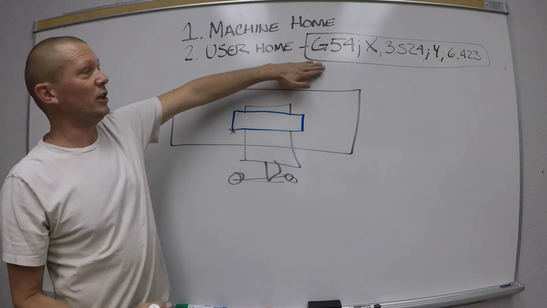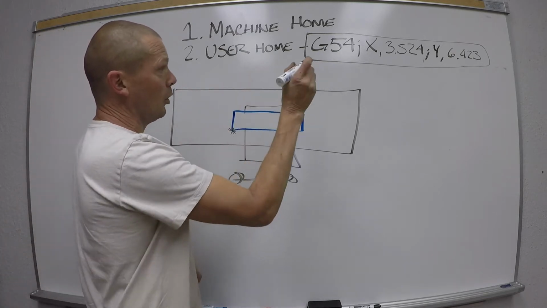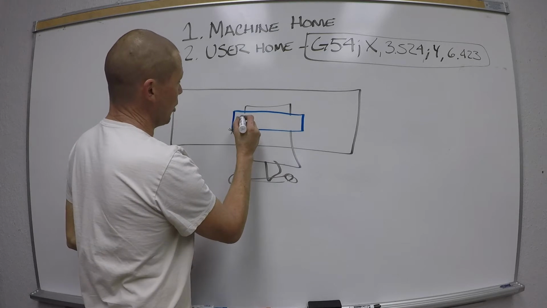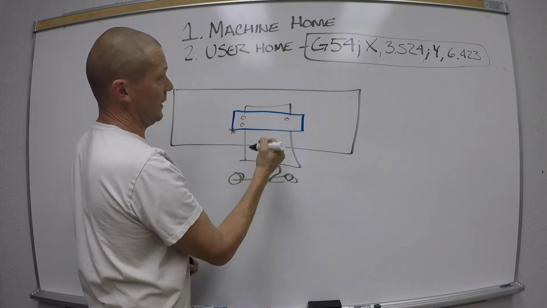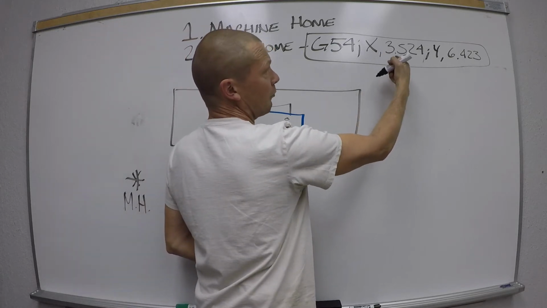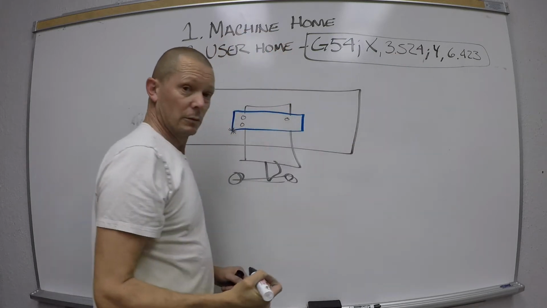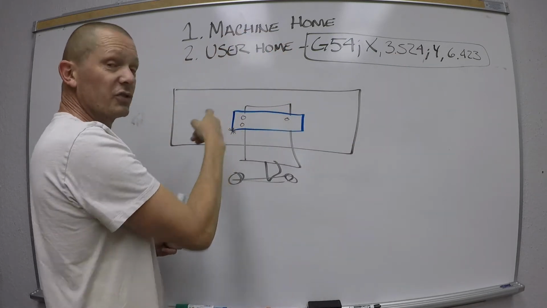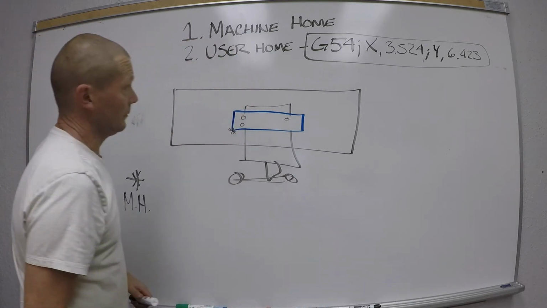We told the machine where our user home is. That means from our user home, if I had holes in my part that were 1 inch over on X, it's going to move to 4.524, because now it knows where it's at. All right, so that's super important.